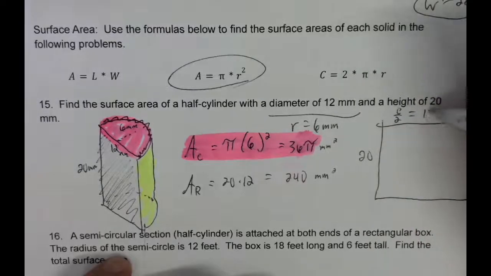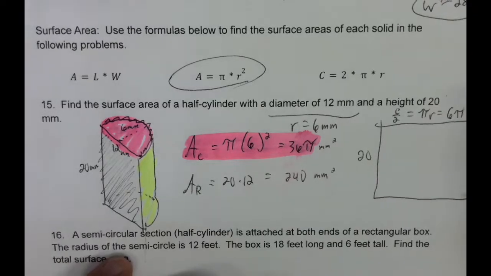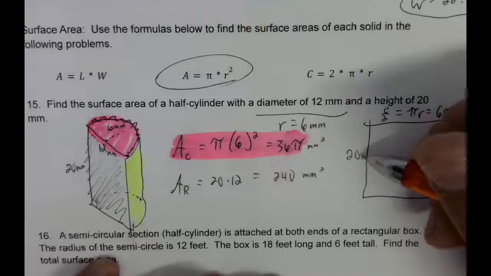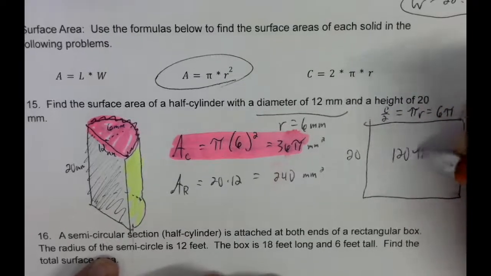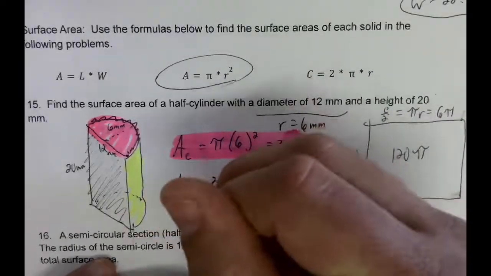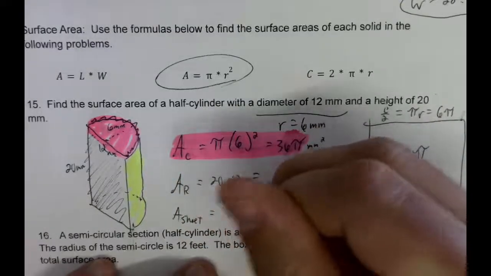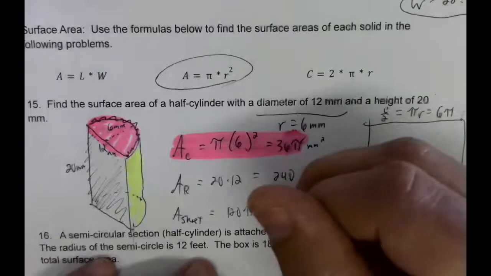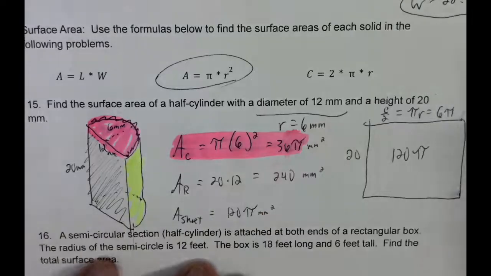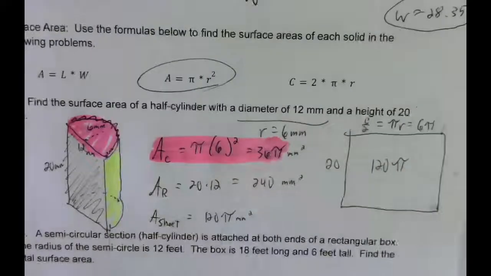So that would be equal to pi r, or 6 pi. Really? That's all? Yes. That's it. 20 times 6 pi, that's 120 pi. So the area of the, we'll call it the sheet, I don't have any other word for it, is 120 pi millimeters squared.